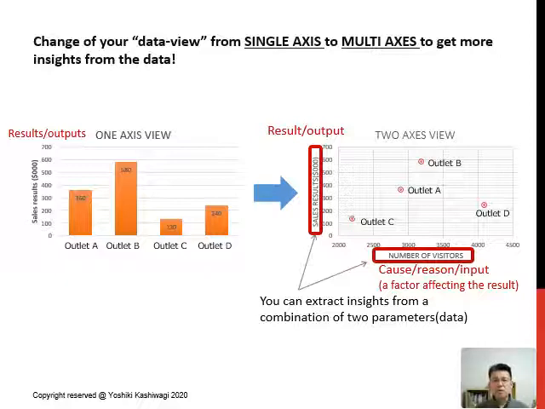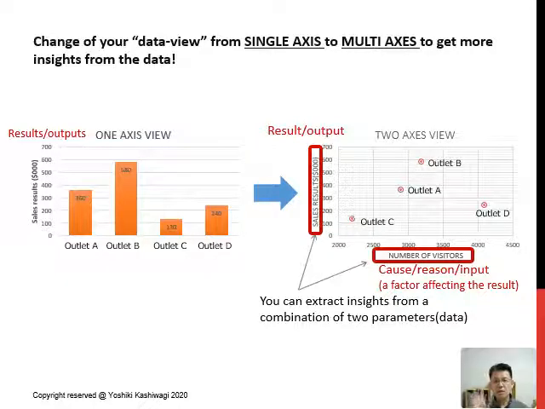So you can find the relationship between the two axes, sales result and number of visitors. In this case, maybe it is a straight line. And you can also see outlets A, B, and C are on the line, which does not show any issues. But you can see some issues about outlet D because it is far from the normal line.